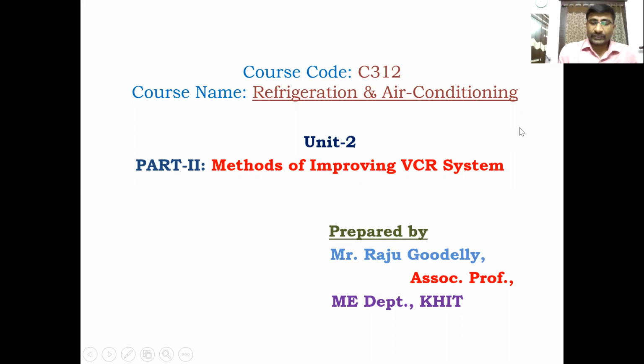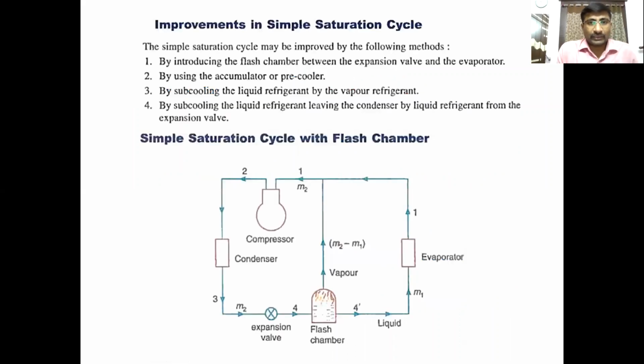These are the 4 methods generally used to improve the performance of the simple saturation cycle. The simple saturation cycle may be improved by the following methods. First, by introducing a flash chamber between the expansion valve and evaporator. Second, by introducing an accumulator or precooler.